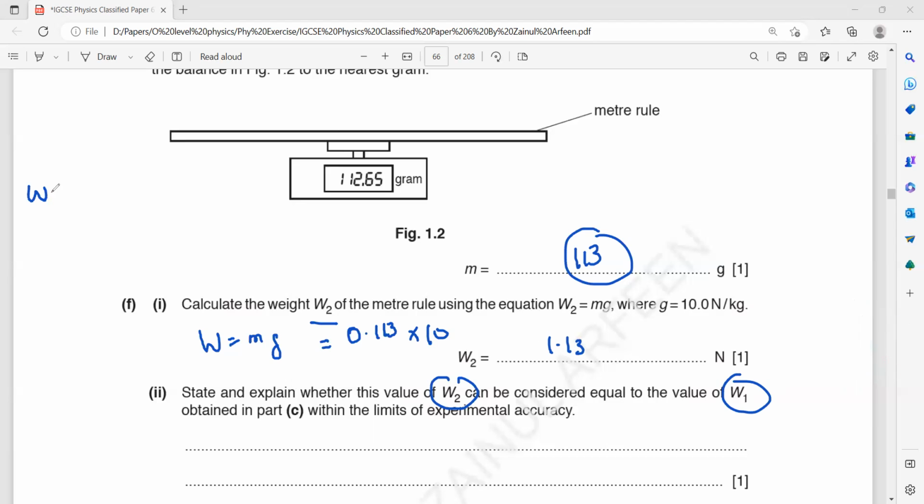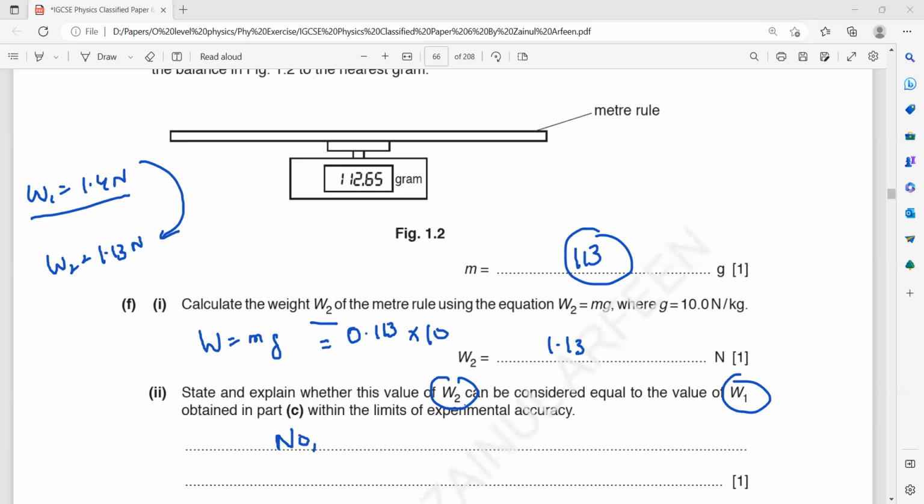The value for W1 from the graphical method was 1.4, and the value for W2 is 1.13. Are these values equal? Sometimes when you look at the values, you can easily identify whether there are big differences. So can I say 1.4 and 1.13 are equal? No, they are not equal. It's a very big difference.